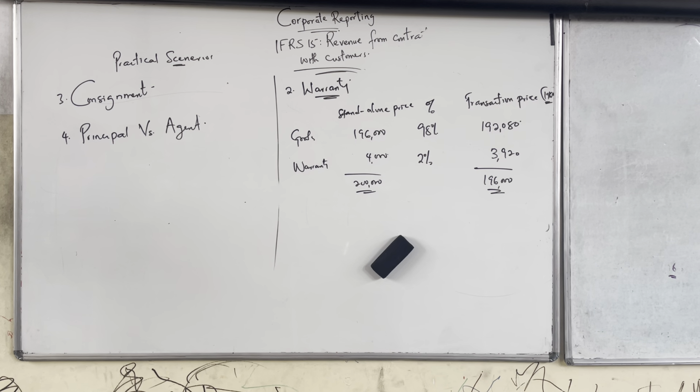Another one is that an agent will never have an inventory risk. They don't even have credit risk.